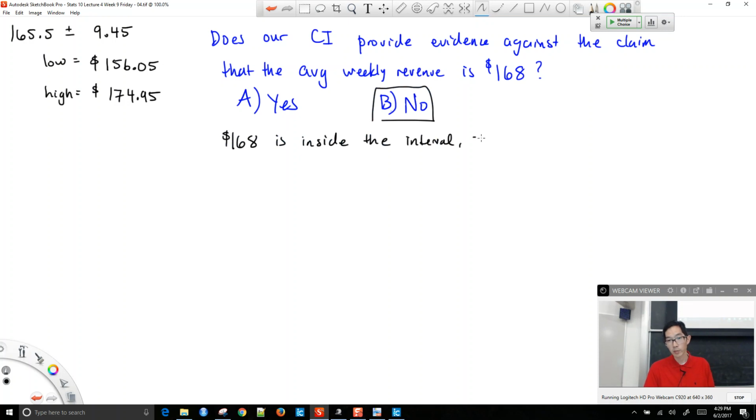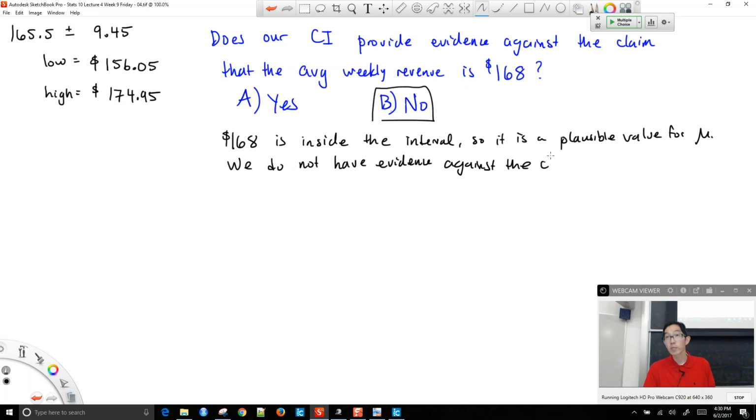So it is a plausible value for mu. Okay, and we'd say we do not have evidence against the claim that mu is equal to 168.